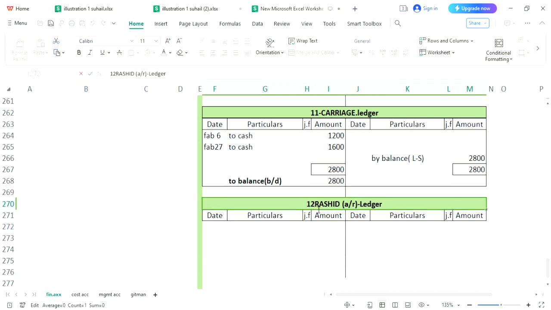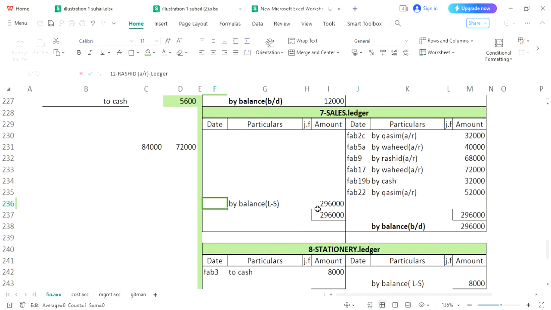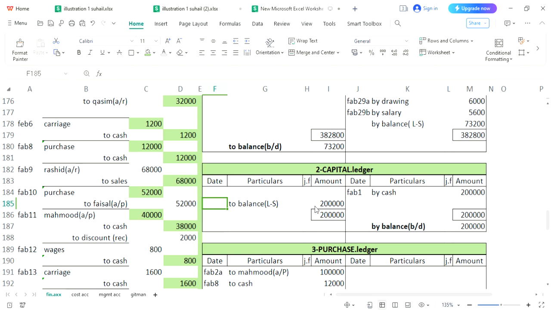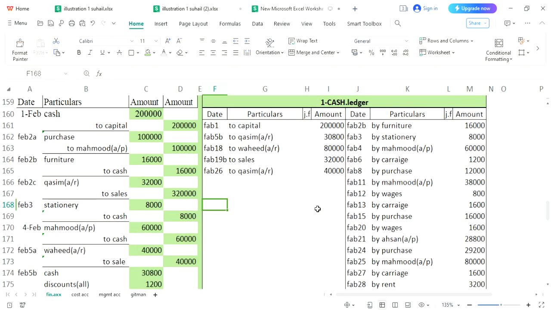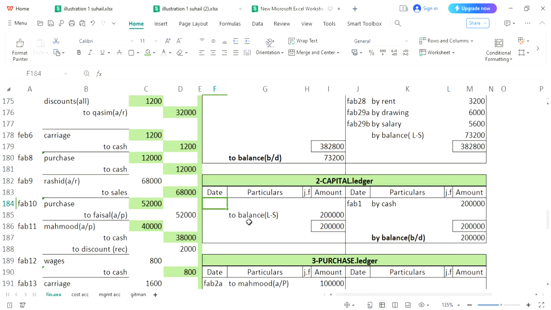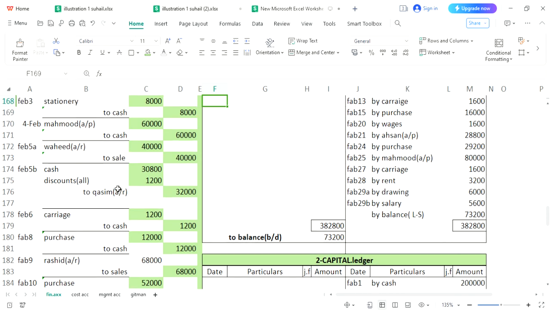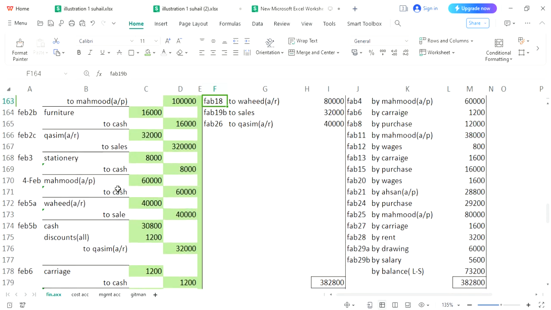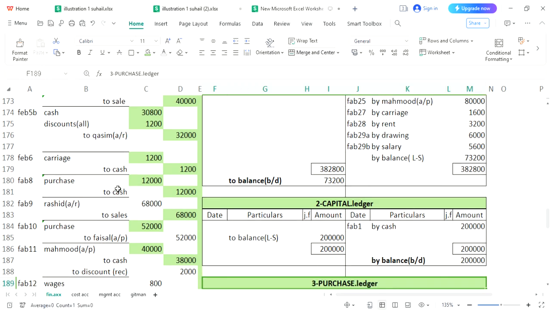So 12th ledger, let's go upward and search Rashid. These are completed entries, and Rashid we have found out over here, but we'll have to see if there is anything above. No. So first time when Rashid we have seen is over here.